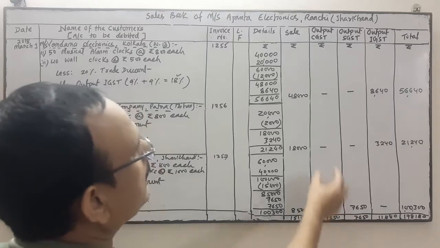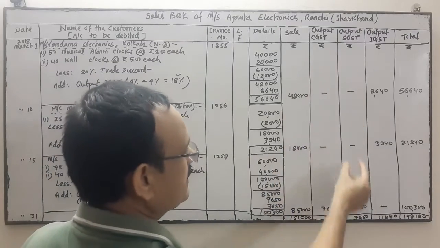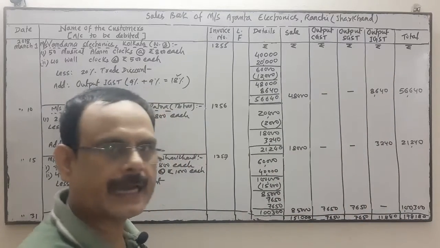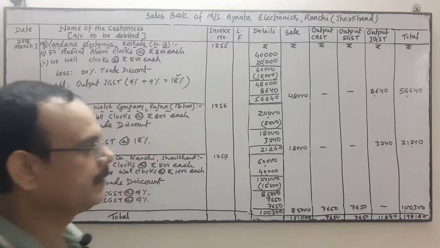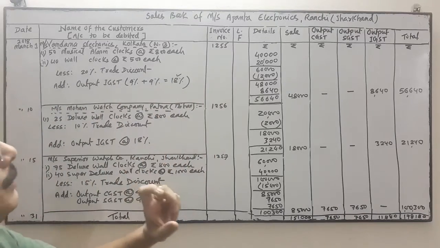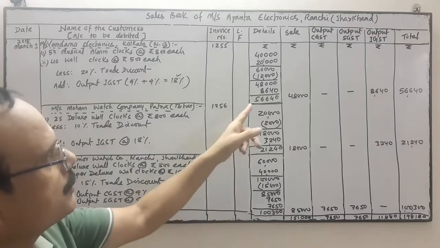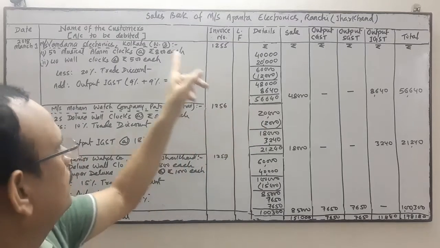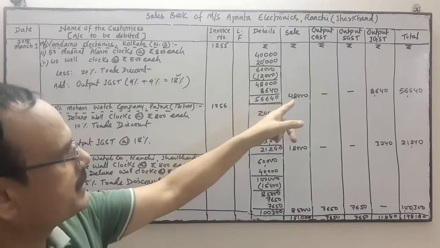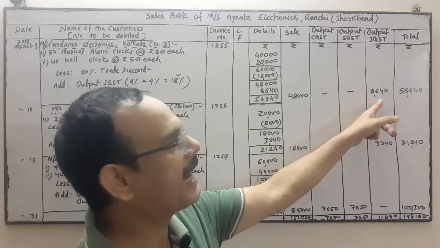This will be in the output CGST credit side, output SGST credit side, output IGST credit side, and this total will be with the name of the party. Remember the journal entry: Bandhana Electronics Kolkata will be debited, to sales account, to output IGST.